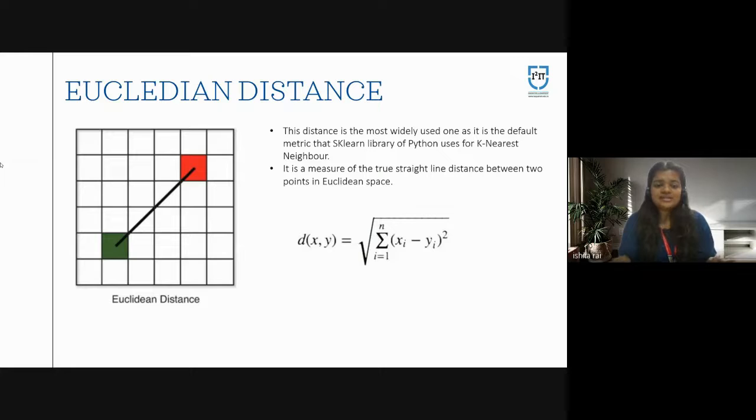If you consider the green as the x and red as the y variable, the Euclidean distance between them will be the square root of the sum of the squares of their differences. This is the default metric that the sklearn library of Python uses for KNN. If you haven't mentioned any distance metric, it is going to take Euclidean.